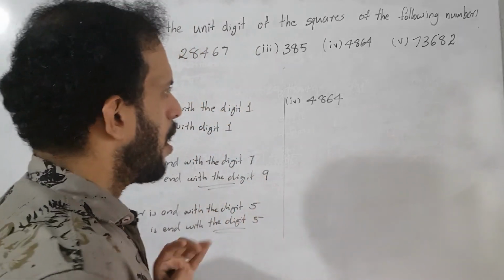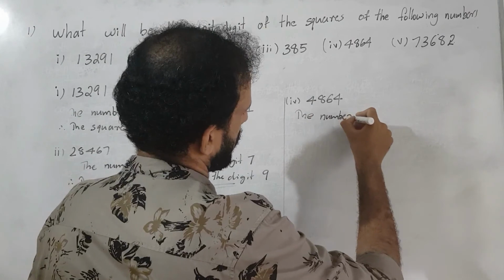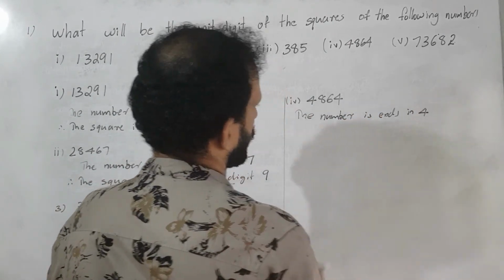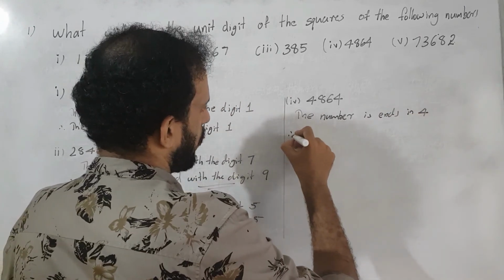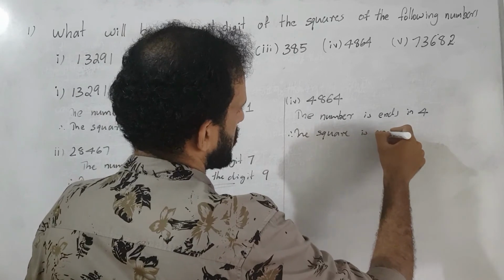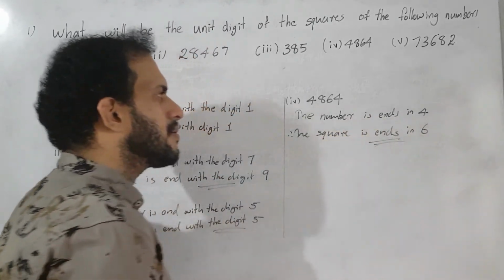Correct? So how do we write? The number ends in 4, therefore the square ends in 6.